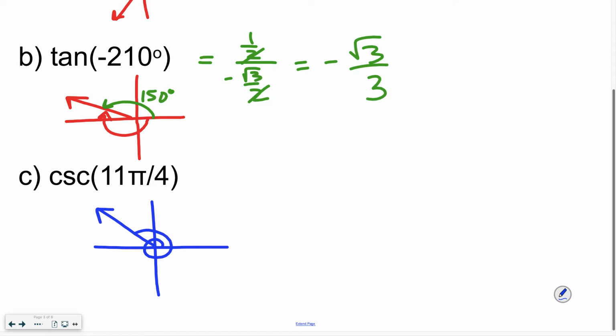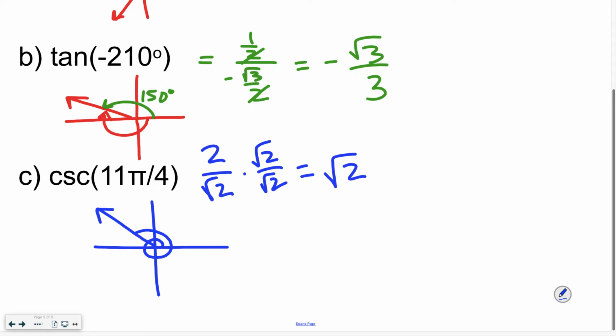Radical 2 over 2. Okay, so we have to take the reciprocal of radical 2 over 2, which gives us what? Radical 2. Good. Okay, when we take the reciprocal and then rationalize, we get radical 2. Eventually, you're just going to remember that it rationalizes to radical 2 and not have to do the work. Okay? Because we do these enough.